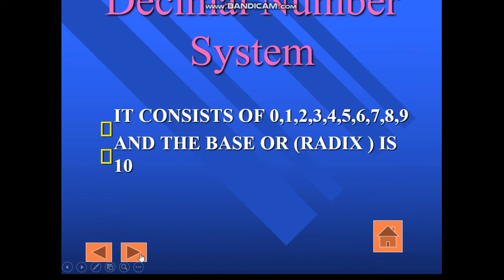One of them is the decimal number system, and it consists of the digits 0 to 9, basically 0 1 2 3 4 5 6 7 8 9. The base value, or you can also call it the radix, is 10.